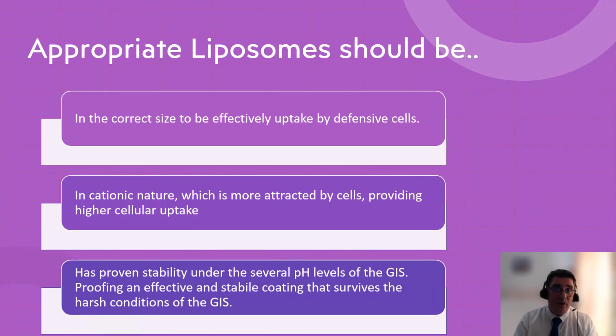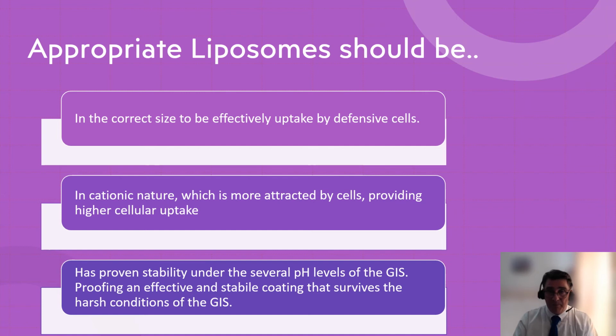But at that point, we have to remember that appropriate liposomes should be in the correct size to be effectively taken up by our defensive cells, because those are the cells who desire particularly vitamin C the most. They should be of a cationic nature so that they will be attracted by cellular membranes and increase the cellular uptake.